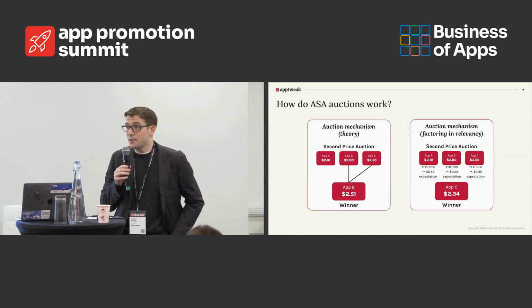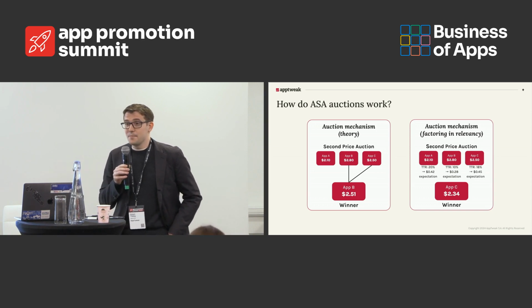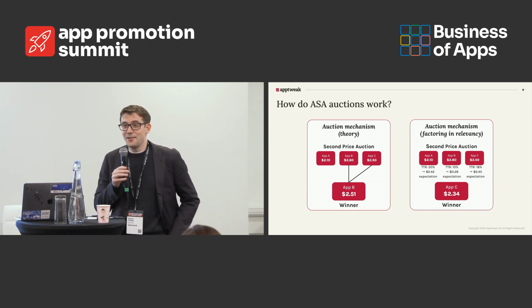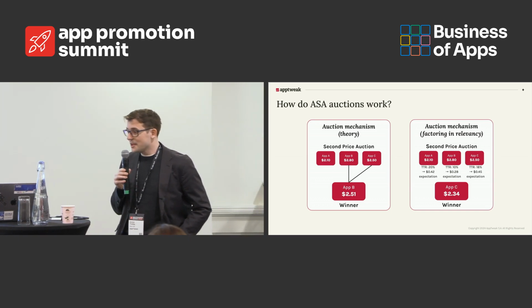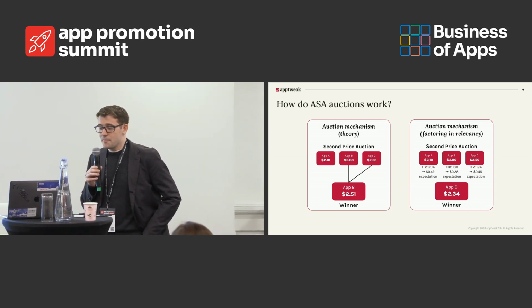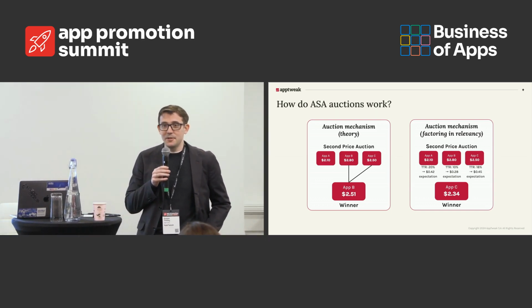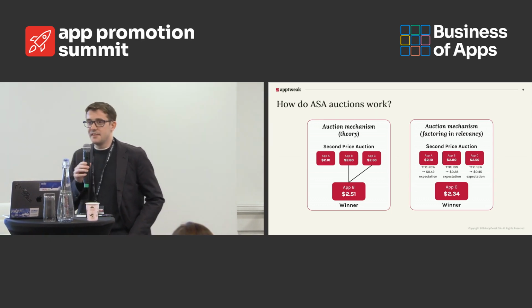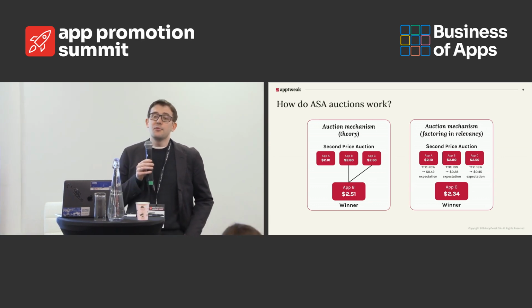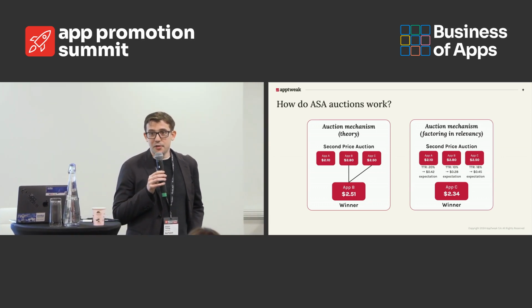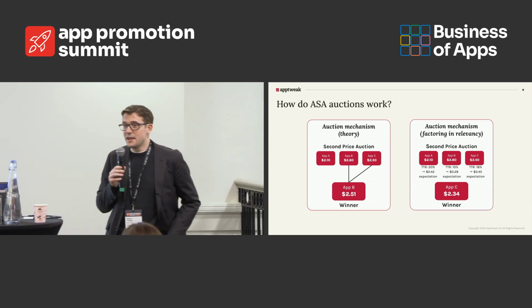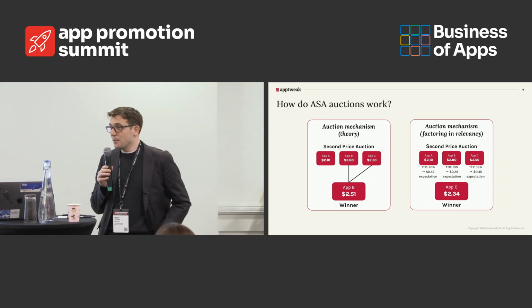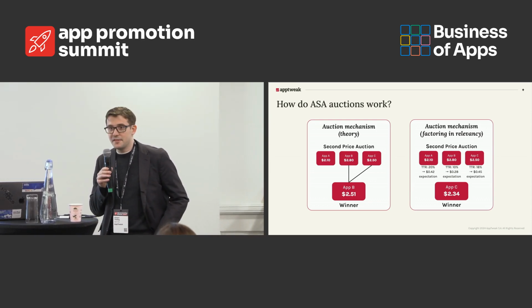So we asked ourselves, why is that? Apple has not officially confirmed our theory, but I think any reasonable product manager would see that what makes sense is if we start thinking the way to determine the winner of an auction should be a way that gets Apple the most revenue out of search ads.